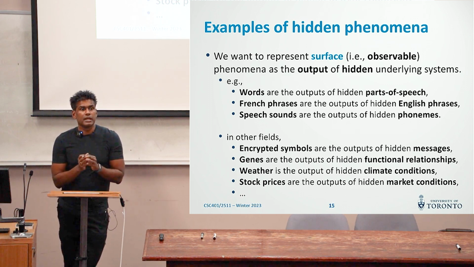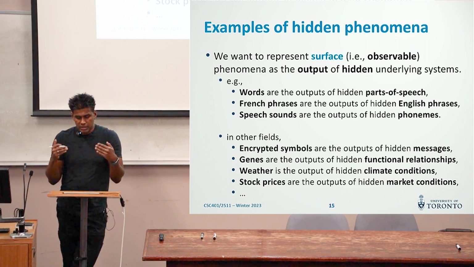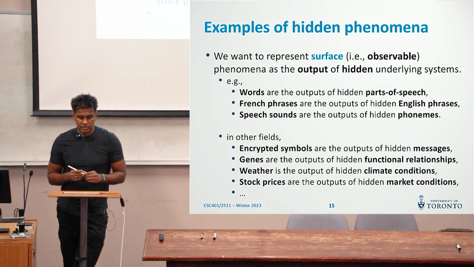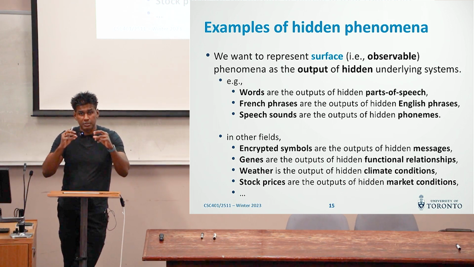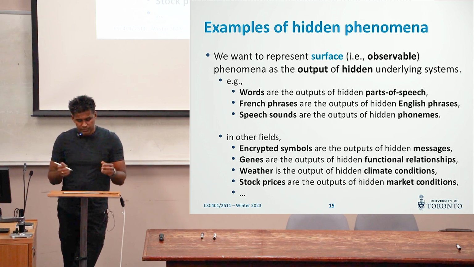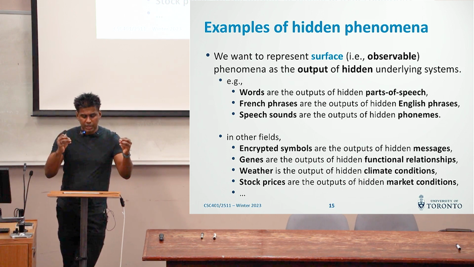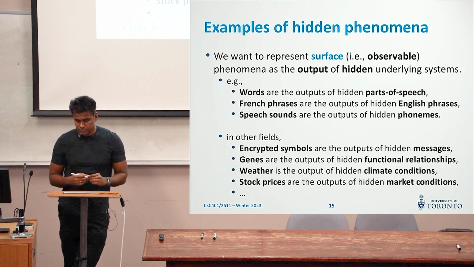It could also be a translation task, where we're observing English phrases that are being generated by some hidden French phrases. And it could be extended into other domains. In cryptography, you're observing encrypted symbols, but those are being generated by some hidden messages. And in finance, you're observing stock prices as the observable phenomena in the market, but those are the outputs of some hidden market conditions.